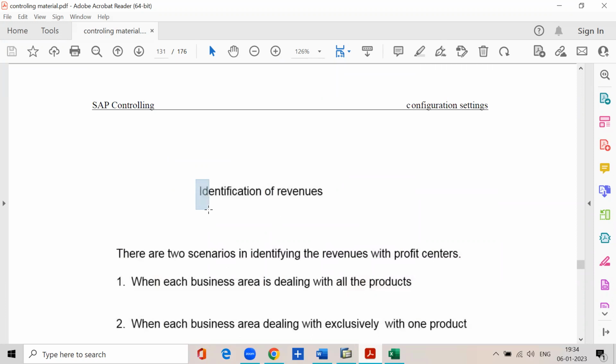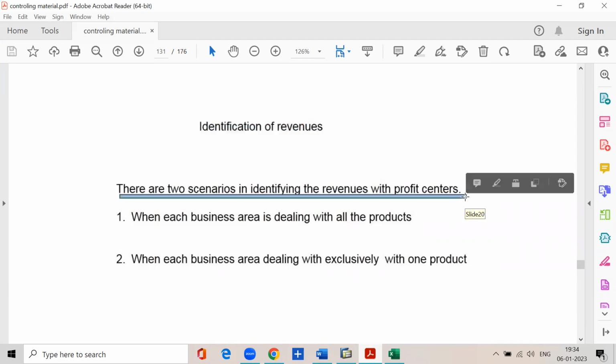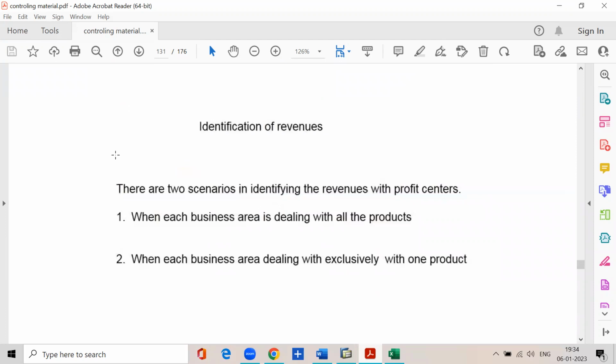Then identification of revenues. There are 2 scenarios in identifying the revenues with the profit centers. One sentence is missing here.